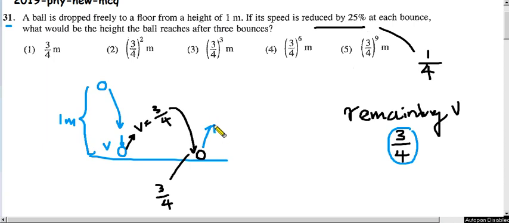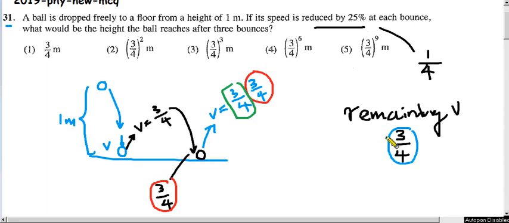So the bouncing velocity is 3/4 of the early 3/4. This 3/4 is what they have given, the remaining velocity.